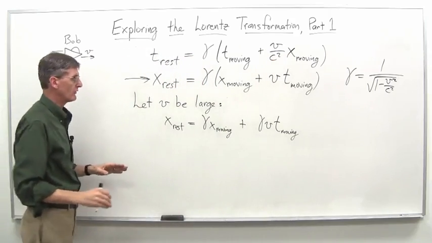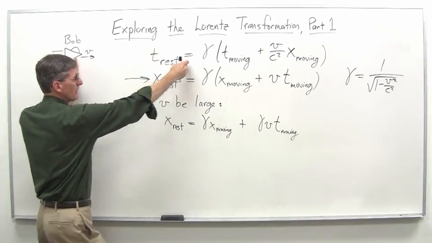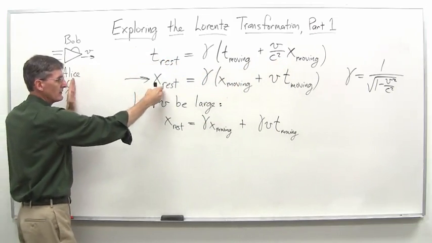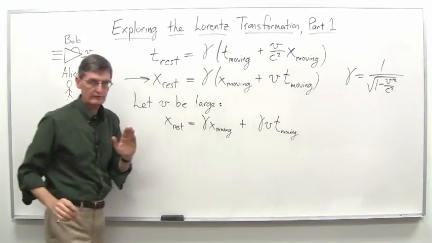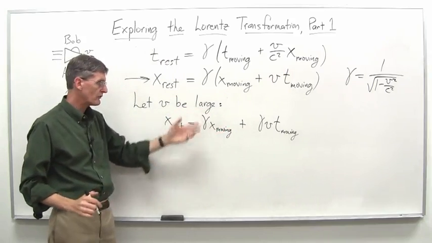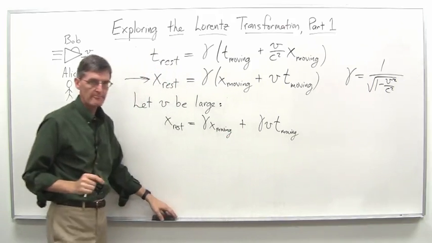We're assuming it's a positive value. So we're assuming he measures it at 23 out here, but in the meantime, he's also moved over here, and so the distance for Alice will be that distance plus that distance. So this looks similar to the Galilean transformation, same concept, except we've got these gamma factors in here.